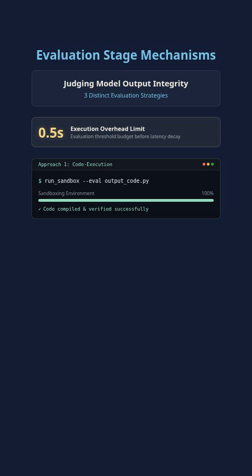Second, we have LLM as a judge, where a separate, highly capable model inspects the output against a detailed rubric of style, tone, and logical consistency. Third, we have external APIs and tool verification, where the agent queries databases or calculators to verify mathematical or historical facts asserted in the generation step.